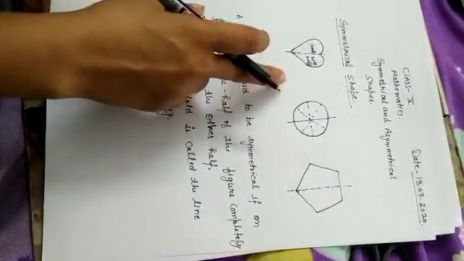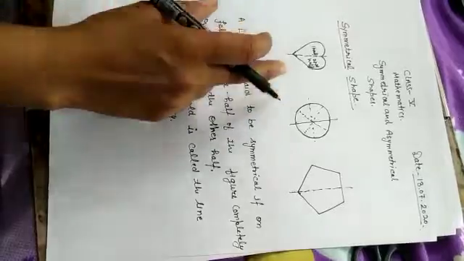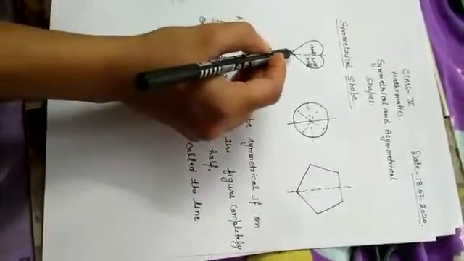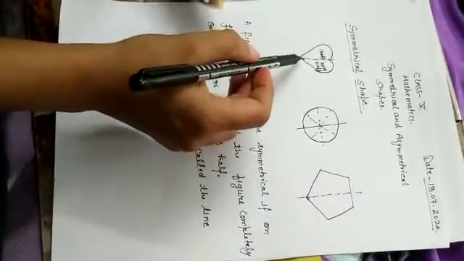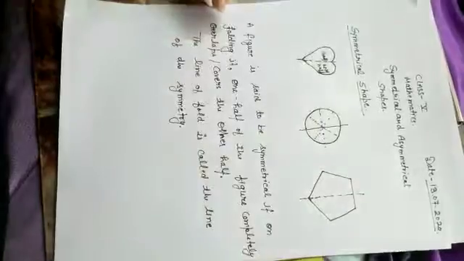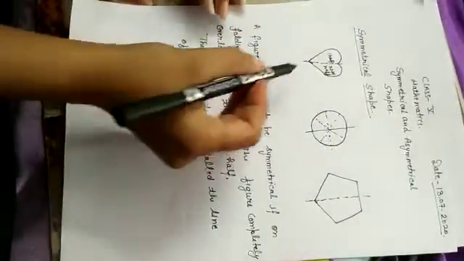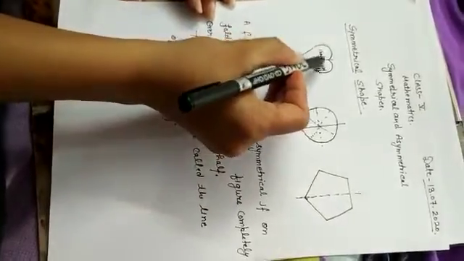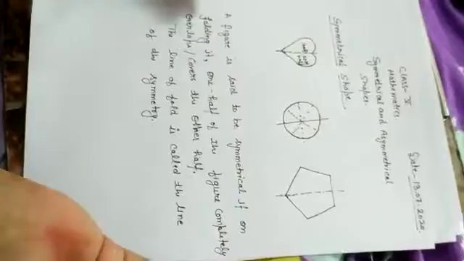One half completely covers the other half. This is called a symmetrical figure, and this folding line is said to be a line of symmetry.